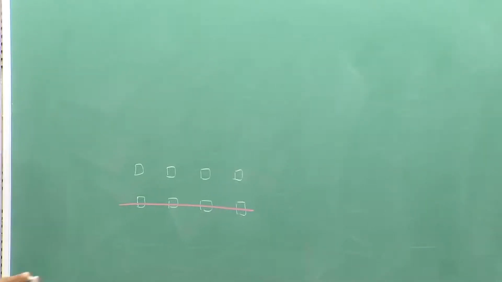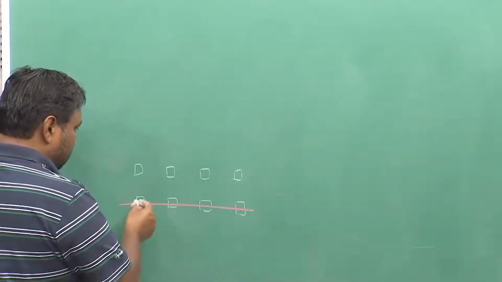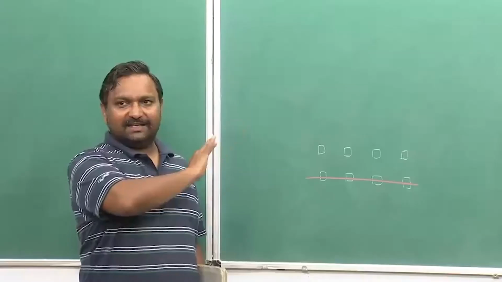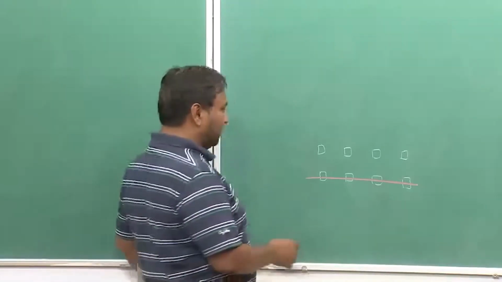And I hope you should be able to see the blue color. So I will try drawing it, if it is not going to be visible I will erase and then do it with a different color.